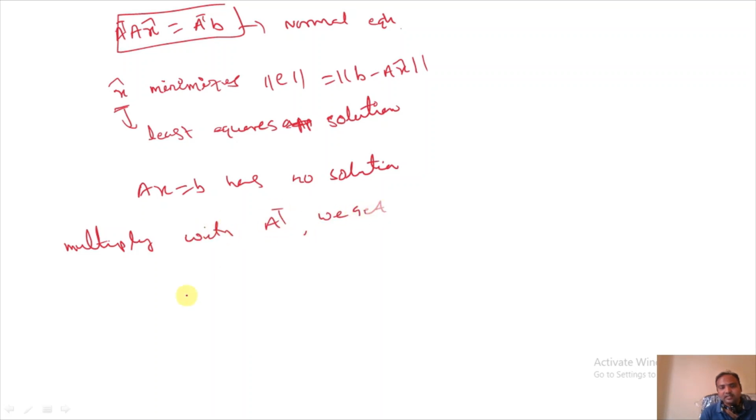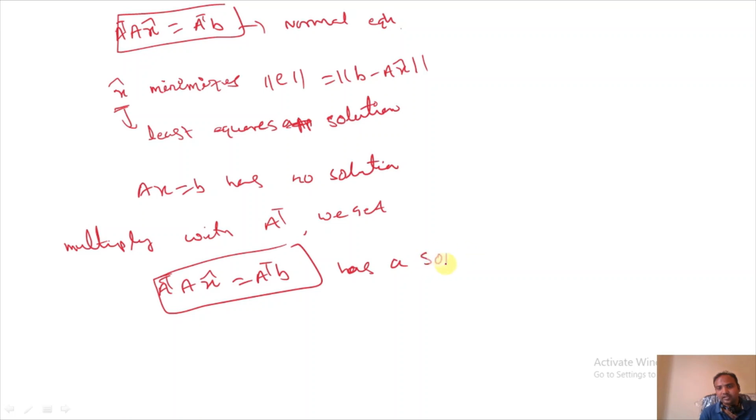We get A transpose A x hat equal to A transpose b. So this system has a solution. We do not get an exact solution, but maybe it's the best solution we are getting using this system, A transpose A x hat equal to A transpose b.